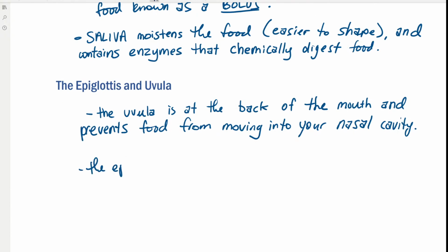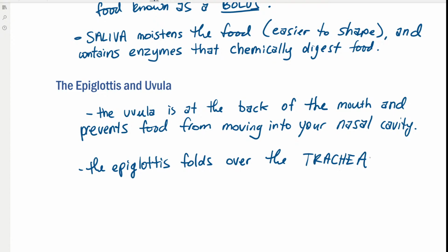The epiglottis folds over the trachea. Does anyone know what the trachea is? Why, that's right, Alexander. It's your windpipe. It is the tube that leads down to your lungs, to prevent food from going down there. We'll say to prevent food blocking the airway.